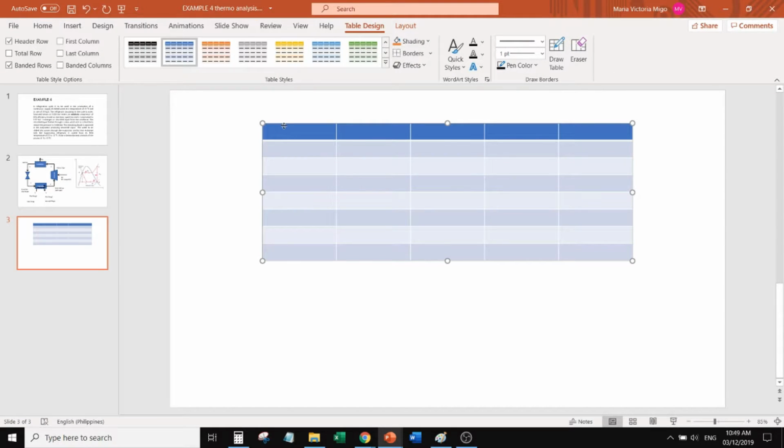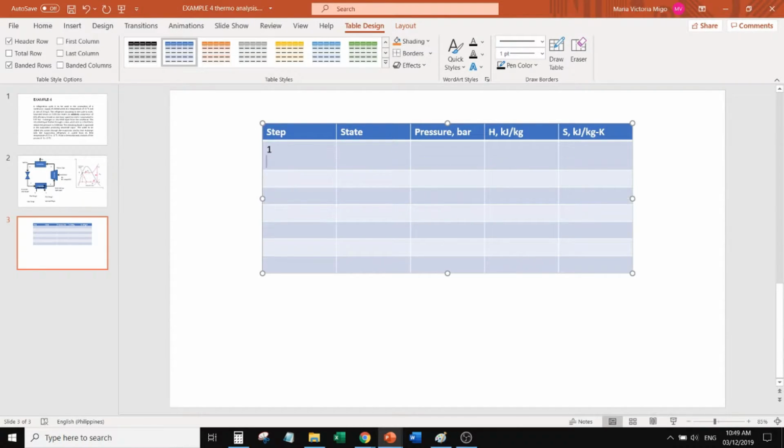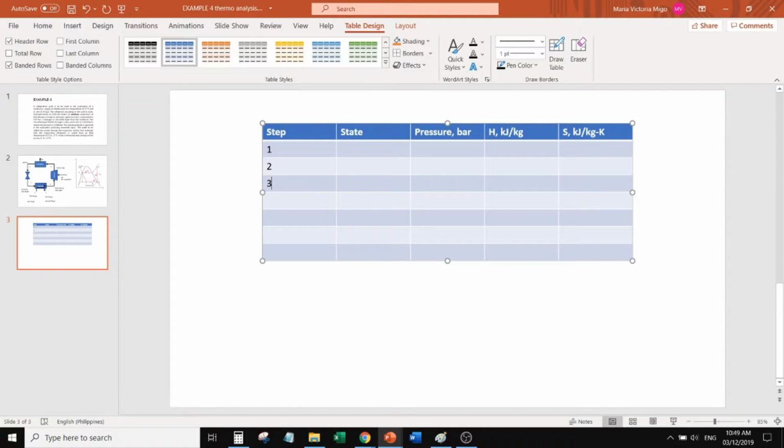The state, the pressure in bars, H in kilojoules per kilogram, S in kilojoules per kilogram Kelvin. States 1, 2, 3, 4, 5, 6.